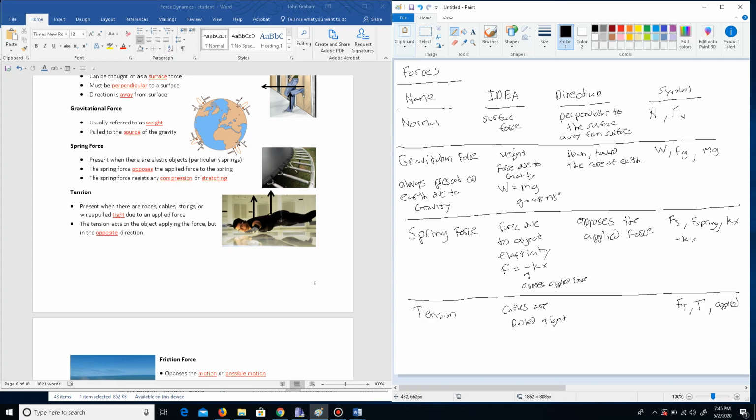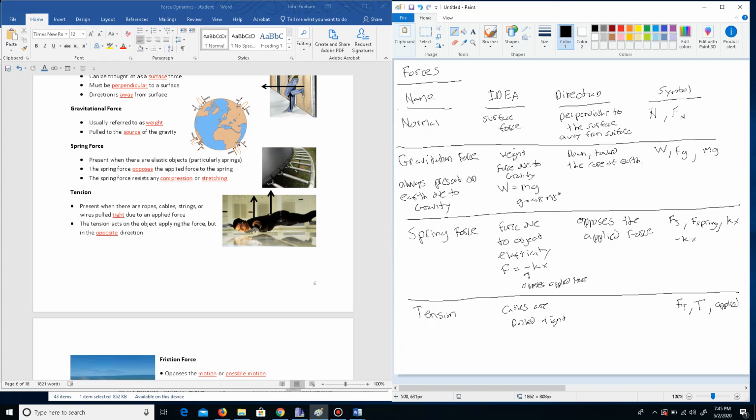Right. So with Tom Cruise here, Ethan Hunt, he's hanging from cables. These cables have tension pulling up. The applied force is his body weight pulling down. The tension is pulling up.